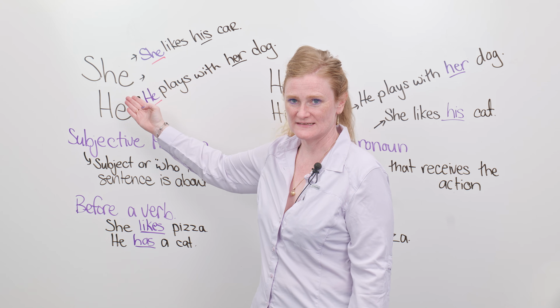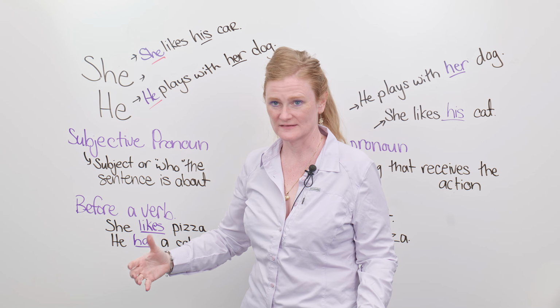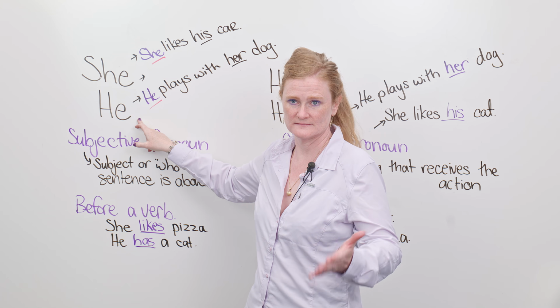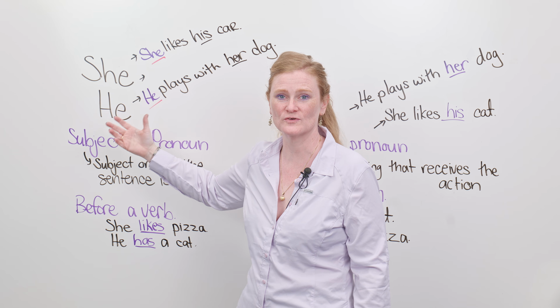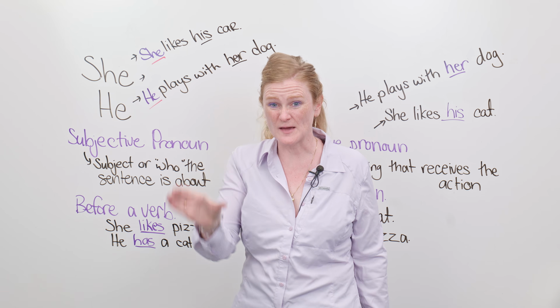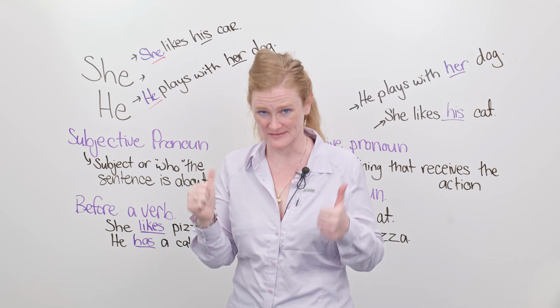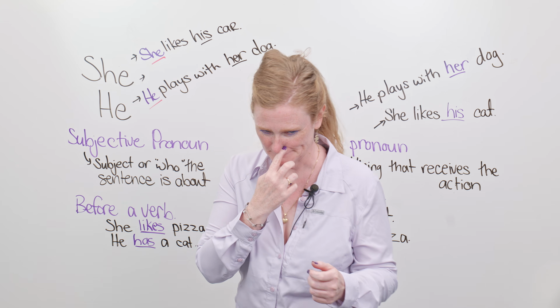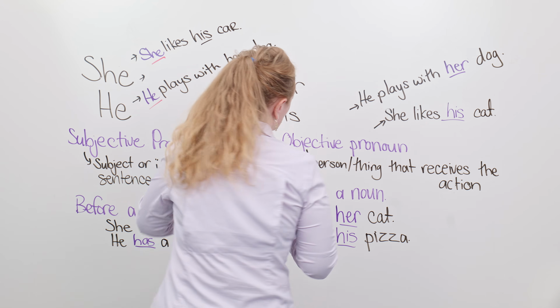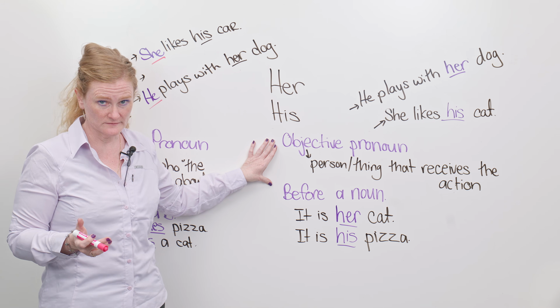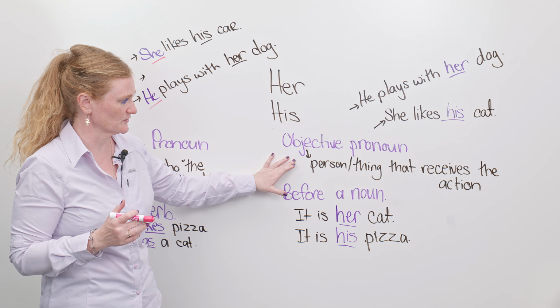If we say she, it's going to be the subject of the sentence. And if we say he, the male version, it's also going to be the subject of the sentence. So that means it comes at the beginning of the sentence. That's easy. Now, an objective pronoun means it's a person or a thing.